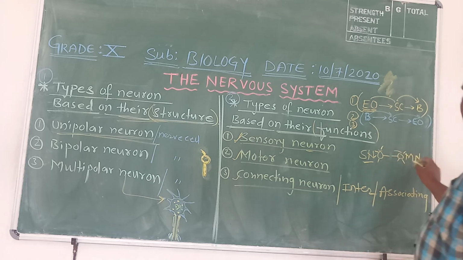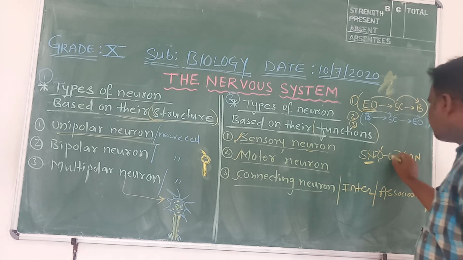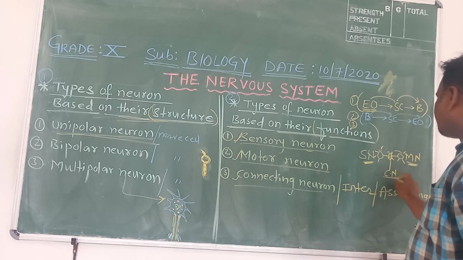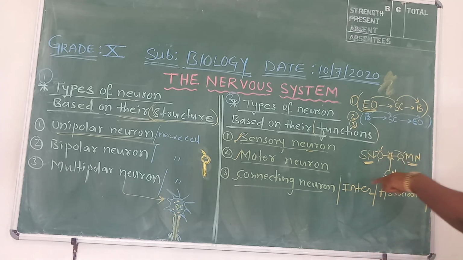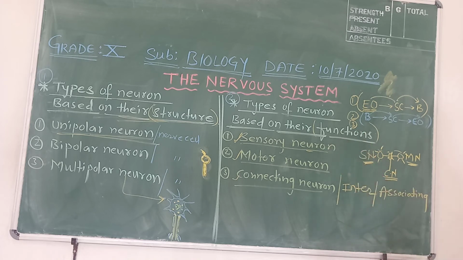These two neurons are connected with the help of the third one, the connecting neuron. So the connecting neuron connects the sensory neuron with the motor neuron, and we can call it an interneuron or associating neuron.